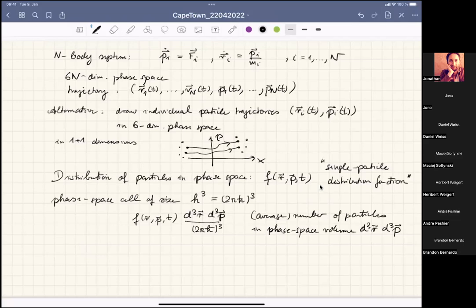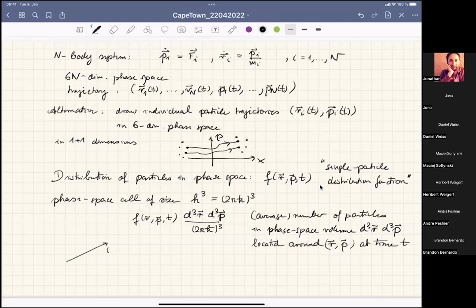So what is meant is actually that this volume d3r d3p is located around r and p in phase space at time t. So if you go to some position r, p in phase space at some time t, and you draw a little volume around that, maybe I make a picture.